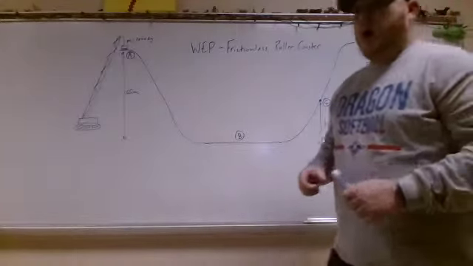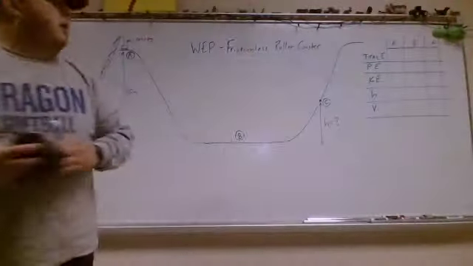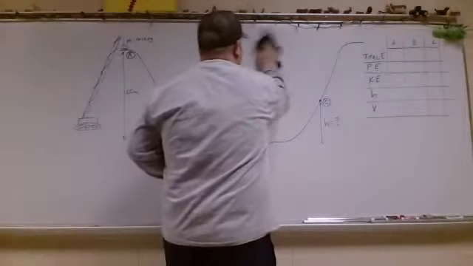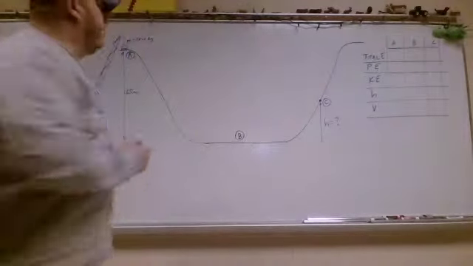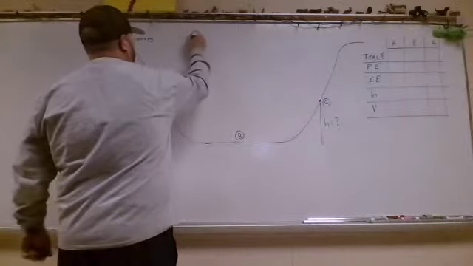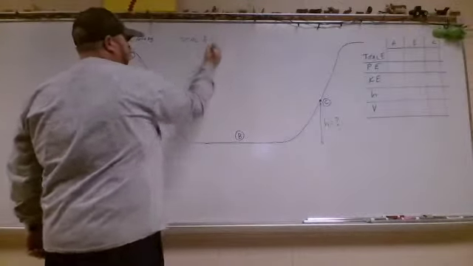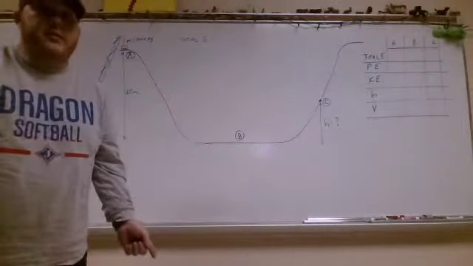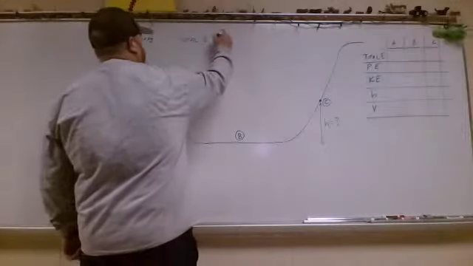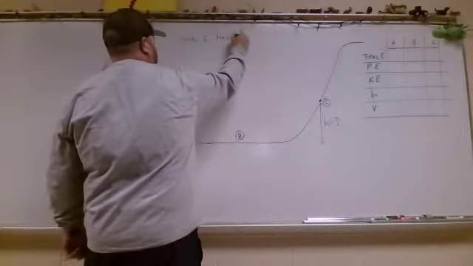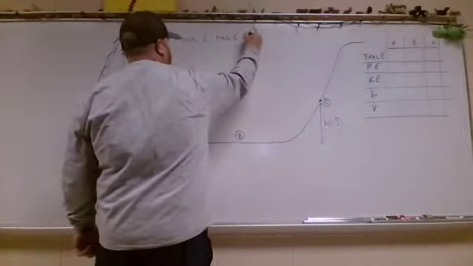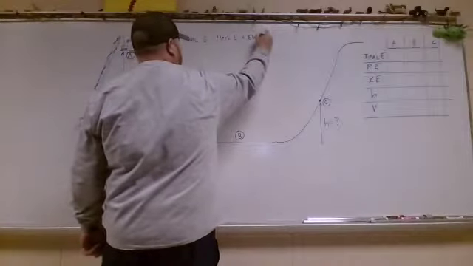So we can write an equation for total energy that looks like this. Total energy is equal to the sum of all the different types of energy, right? So we have mechanical energy. We have electrical energy.